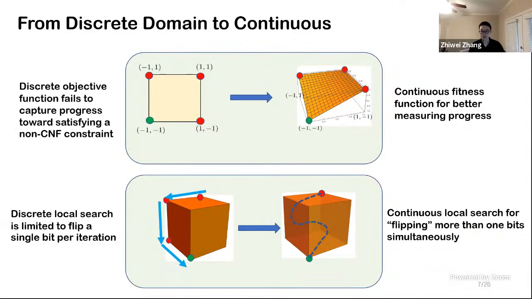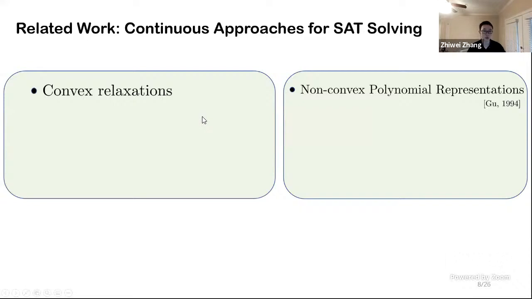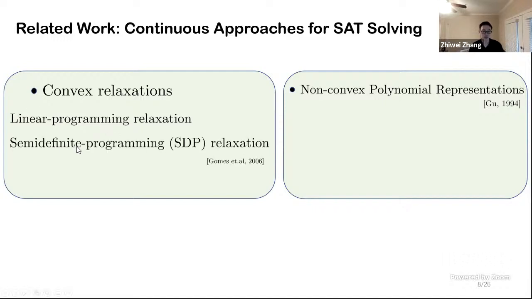So I think it's a good point to wrap up a little bit and show you some related work on continuous approaches for SAT solving, which is not a new thing because people have developed both convex relaxations and non-convex polynomial representations for SAT solving. For the left part, we do have the LP relaxation and the SDP relaxation. Those relaxations give us good theoretical guarantees, but they usually fail to give high quality solutions in practice.